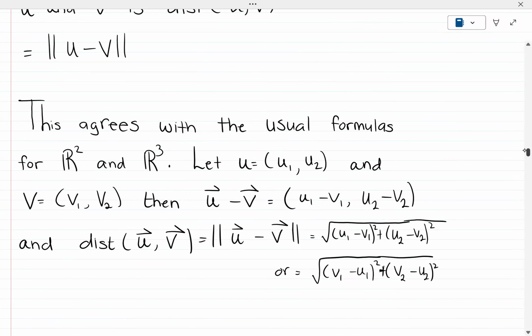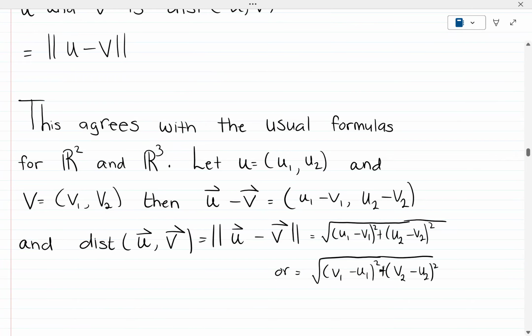Let u equal u1 comma u2 and v equal v1 comma v2. Then vector u minus vector v is the same thing as u1 minus v1 comma u2 minus v2. You may remember this from pre-calc or one of the previous linear algebra videos. When you're subtracting two vectors, they must be the same size.